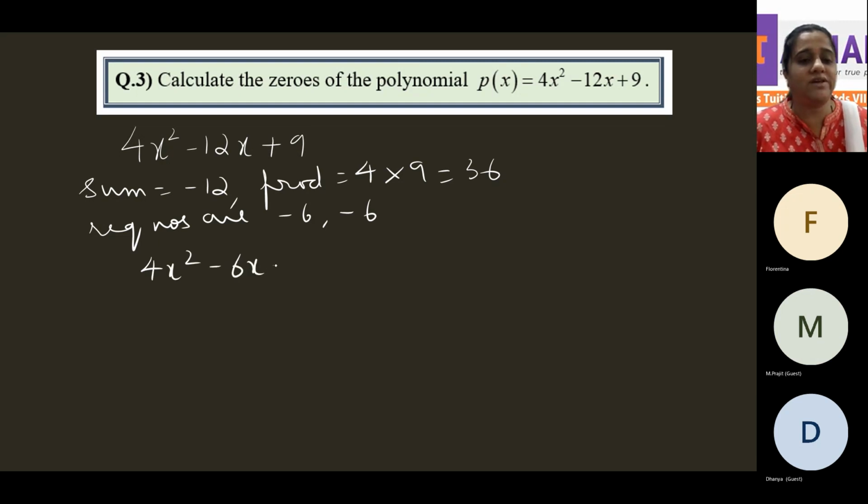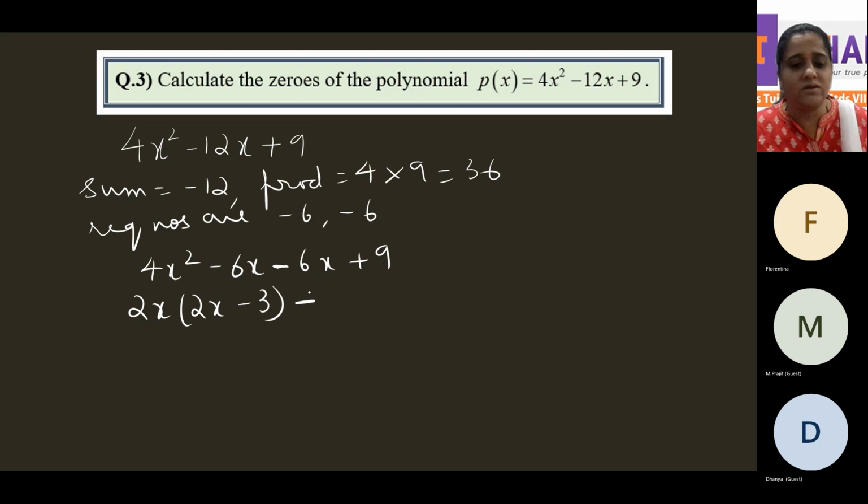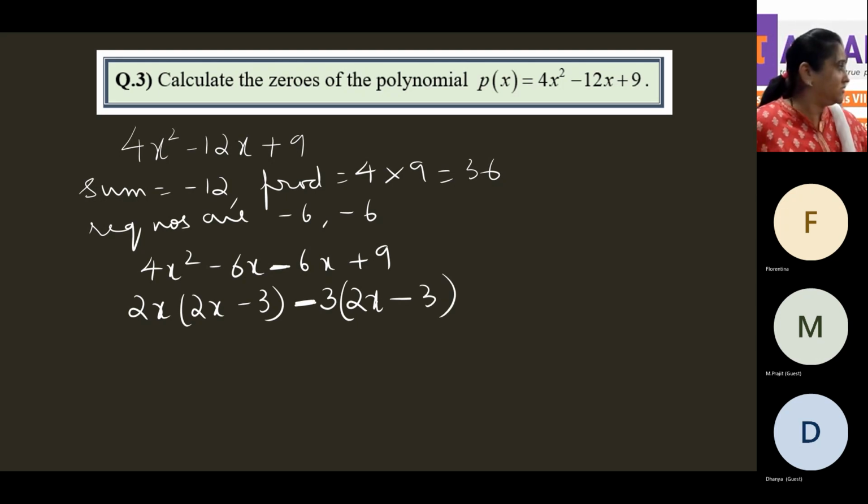4x square minus 6x minus 6x plus 9. So 2x is common: 2x minus 3. This minus you should put as it is. Whatever the sign is here, you should take it as it is. Minus 3 common: 2x minus into minus is plus 3. Do we understand the signs now?